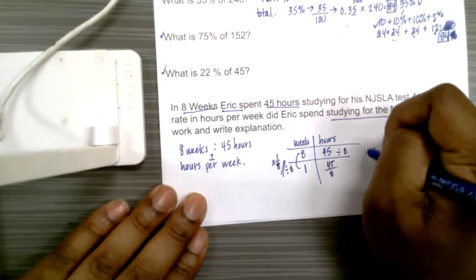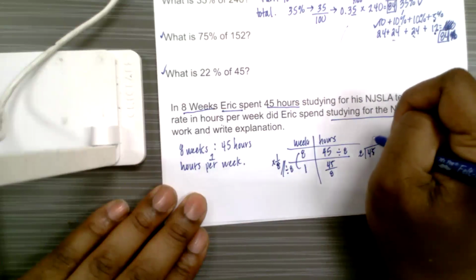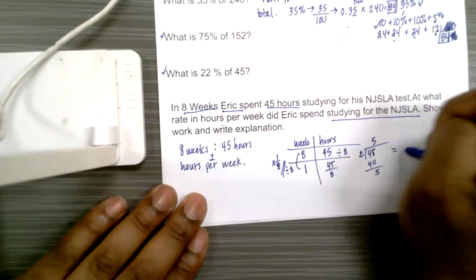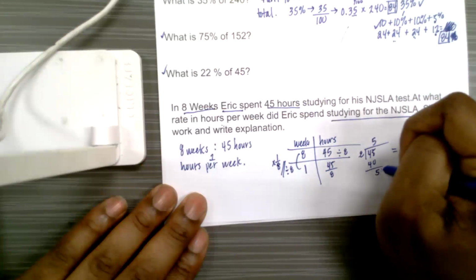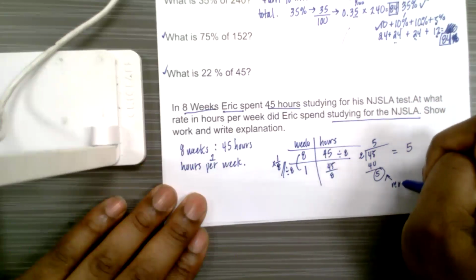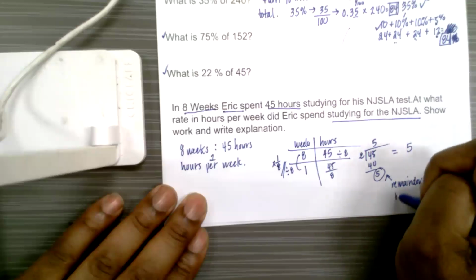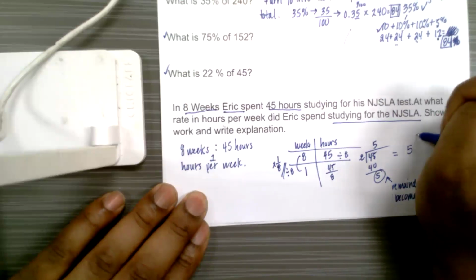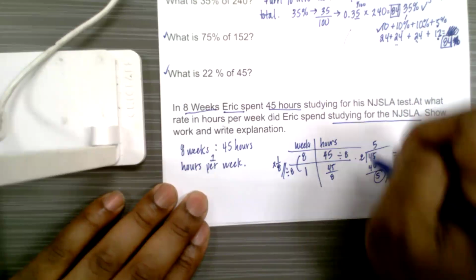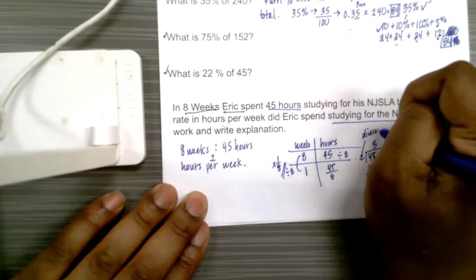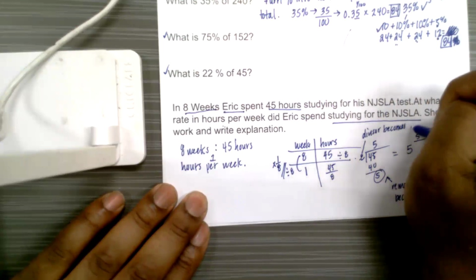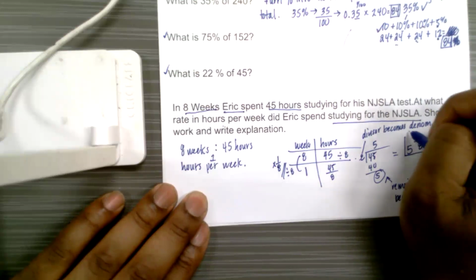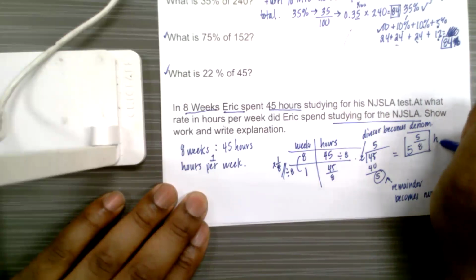And 45 divided by 8, 8 goes into 45 5 times, at 40 and then 5. So your answer could be 5, and the remainder becomes the numerator and the divisor becomes the denominator. 5 and 5/8 hours.